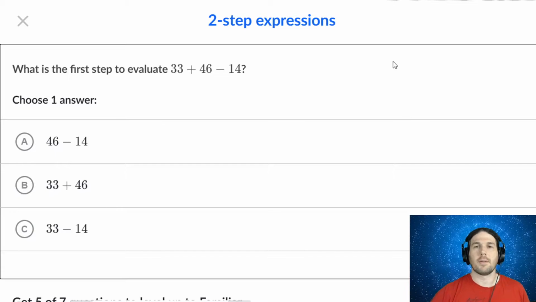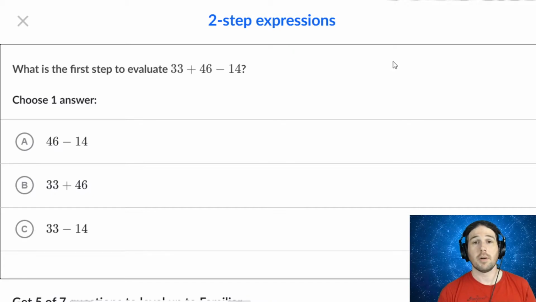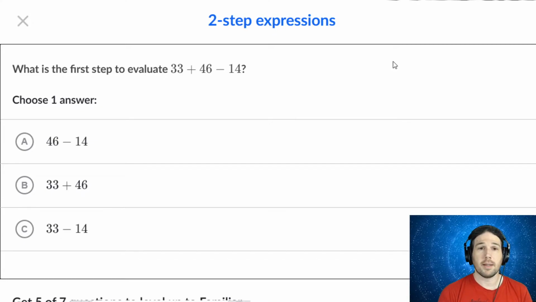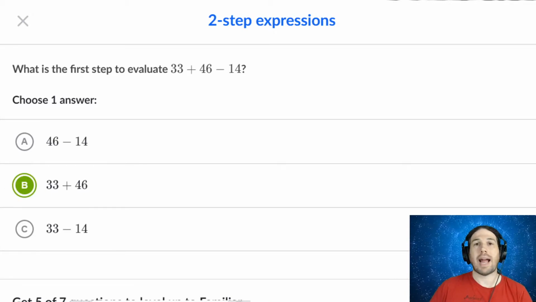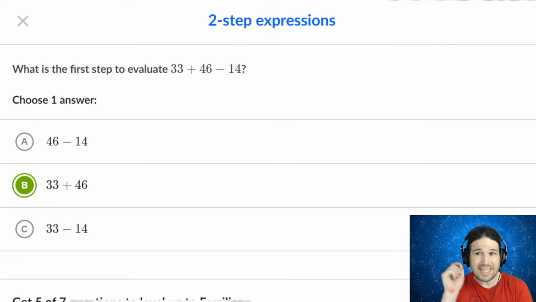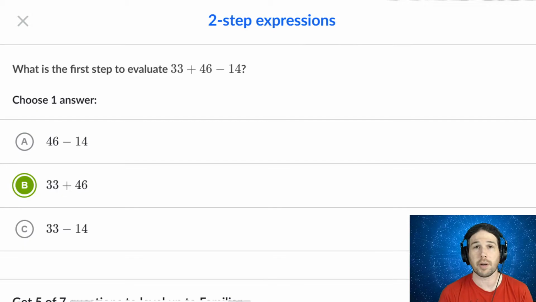So again, we are going to be looking into alternative ways of doing addition and subtraction, right? The first step, technically, is 33 plus 46. When you are adding and subtracting in order of operations, they happen on the same step because they are the same operation, right? I have been trying to push this idea from kindergarten on forward that addition and subtraction are not actually two different operations.